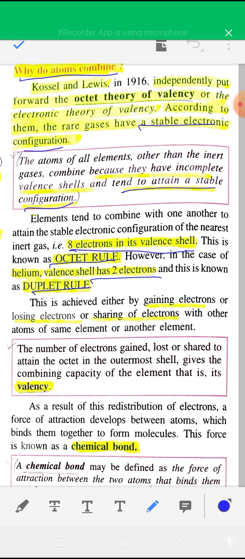So atoms of different elements get their stability by gaining electrons, by losing electrons, or by sharing electrons with other atoms of the same element or another element.